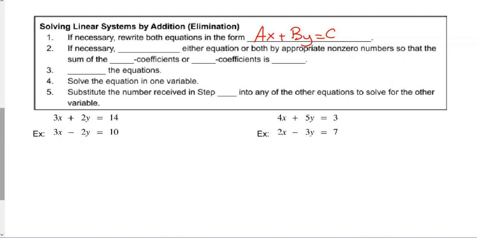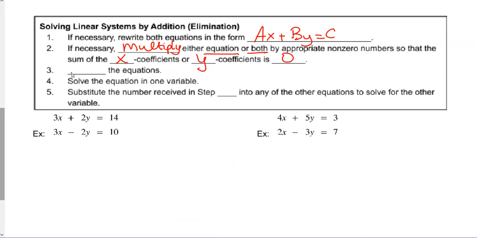Now if necessary, we are going to multiply either equation or both by an appropriate non-zero number so that the sum of the x coefficients or the y coefficients is 0. We want to eliminate that. We want to get rid of it.